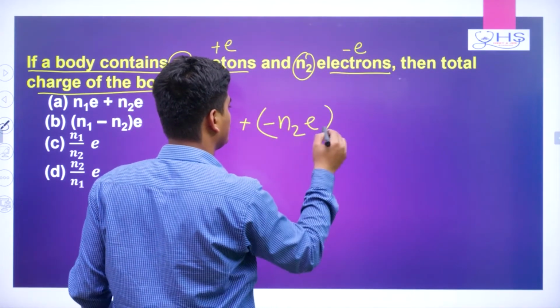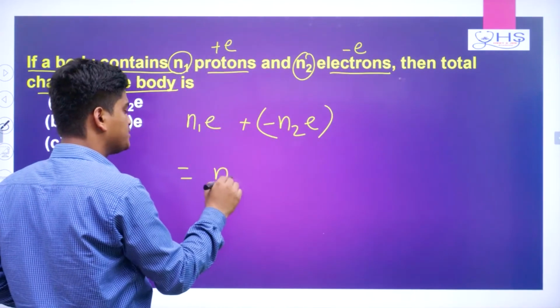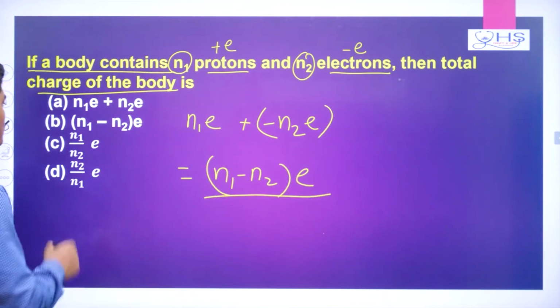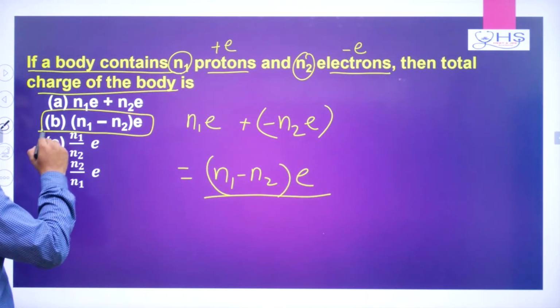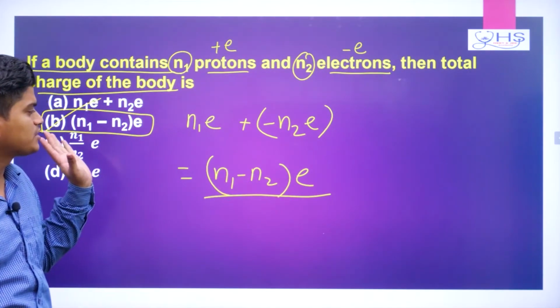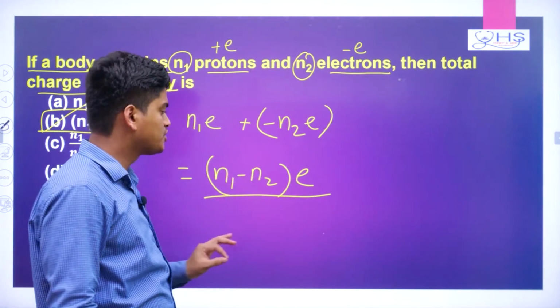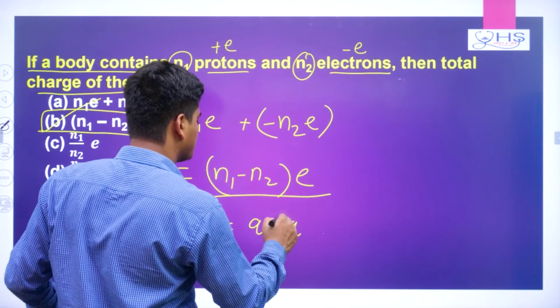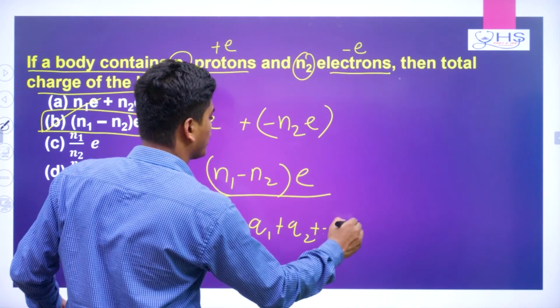So the total charge for n1 protons is n1 into e, plus n2 electrons, each with charge minus e, so minus n2 e. So the total charge is n1 minus n2 into e. This is basically the total charge of the system, because, as we studied in additivity of charge, it is simply the addition q1 plus q2 up to qn.